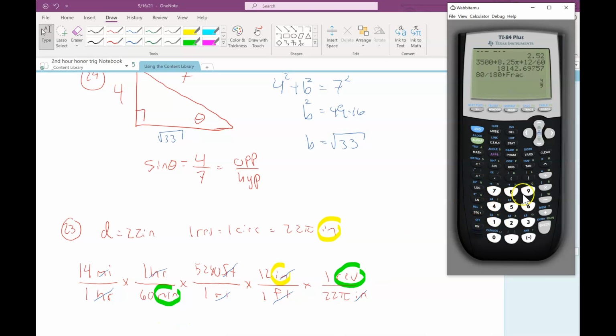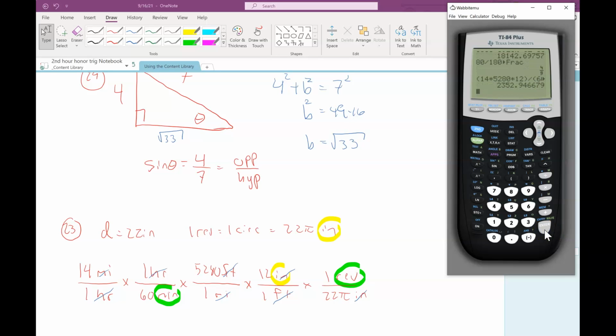My suspicion is we probably just typed something wrong into our calculator. So I'm going to put the entire numerator in one set of parentheses, then division, and put all of the denominator together and close the parenthesis.